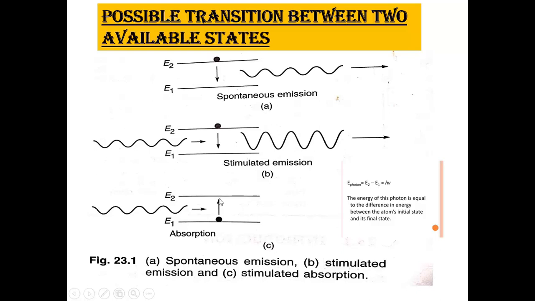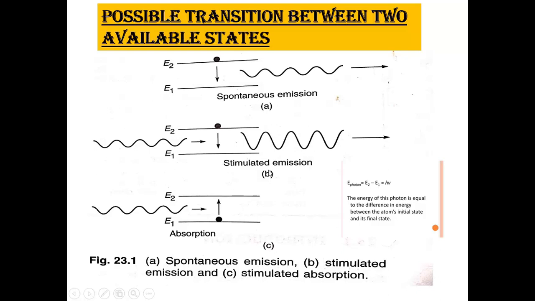Now, once it reaches the excited level, there are two options by which it can come down. One is by completing its lifetime in the excited level, it can come down on its own, and that is why it is called spontaneous emission, because it is going to emit a photon, and the energy of that photon will be equivalent to the energy difference between the two levels. Since the electron has completed the lifetime in level E2, this is called spontaneous emission.